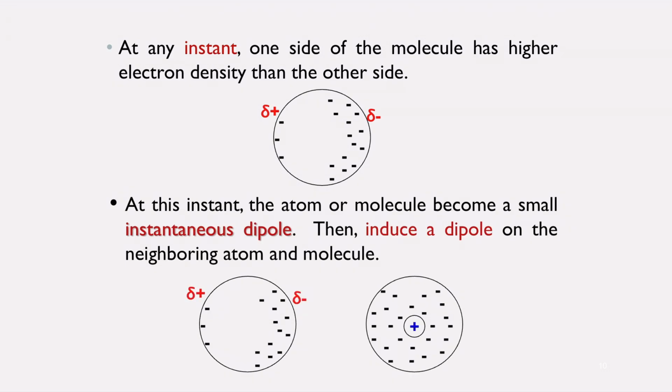So at this instant, the atom or molecule becomes a small instantaneous dipole. Okay, so this molecule just now, which was neutral with evenly spread electrons, suddenly has a dipole. So it becomes a small instantaneous dipole.